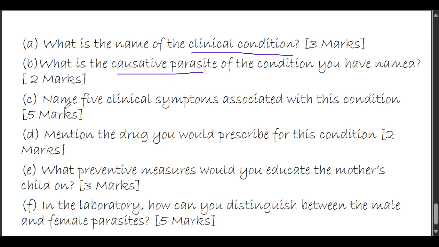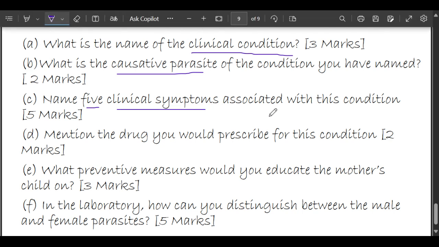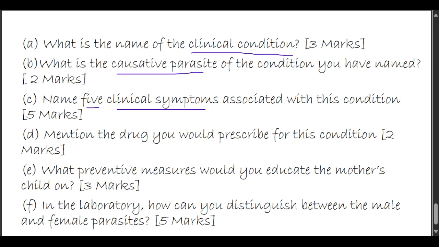The third question says, name five clinical symptoms associated with trichuriasis. Okay, so remember we mentioned that when it comes to asymptomatic, many people with whipworm infection may not experience any symptoms at all.